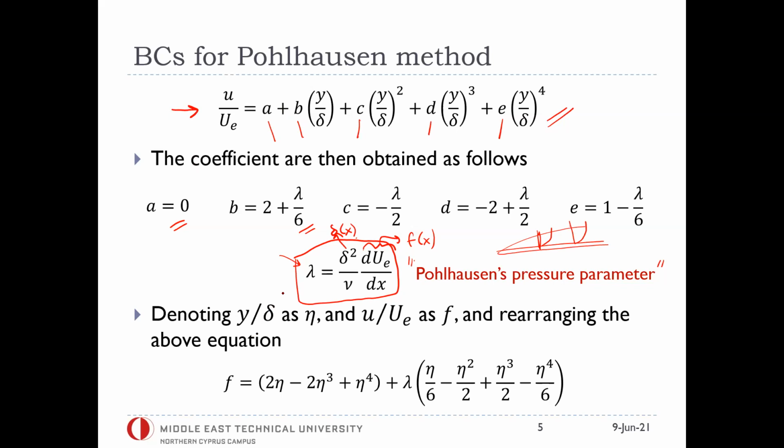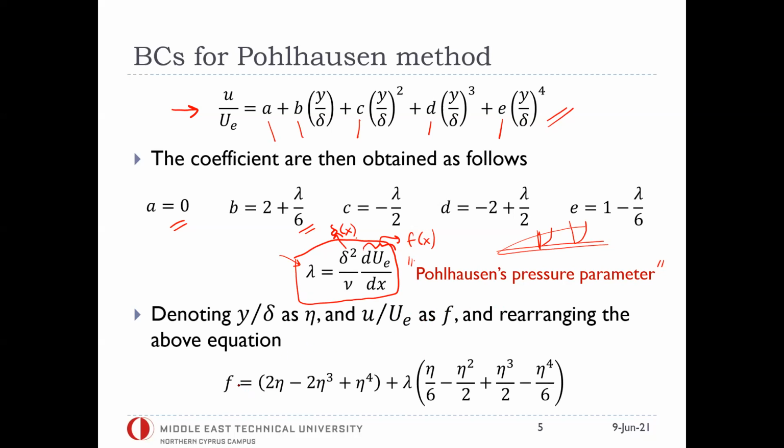Generally in Pohlhausen's approach, which he did in early 1900s, we denote y over delta as eta, and u over Ue as f. And we just write everything like that.